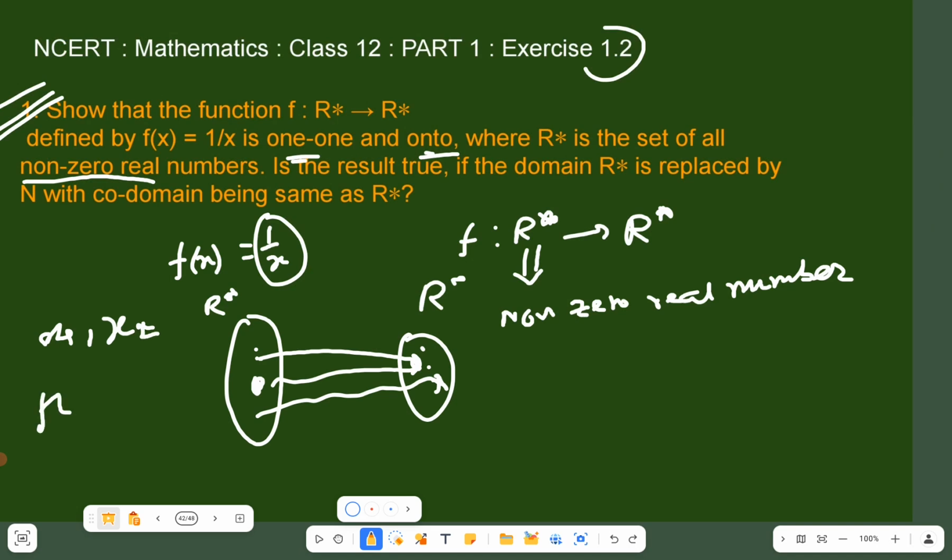If f of x1 equal to f of x2, that implies x1 equal to x2. So we see that it is one-one.